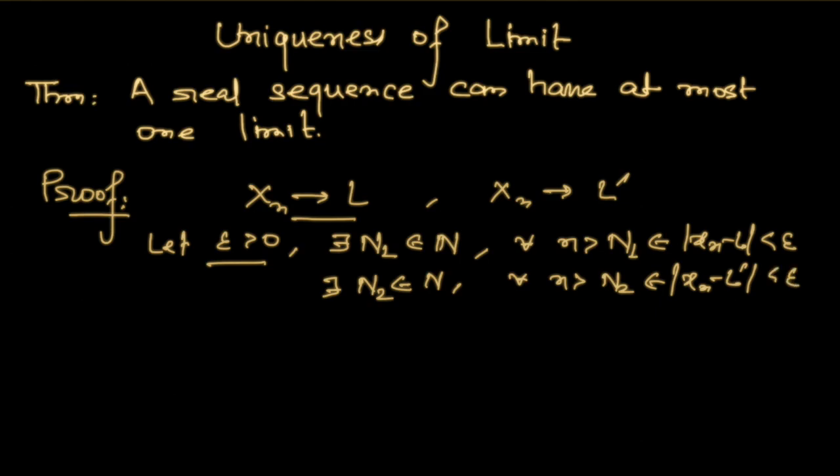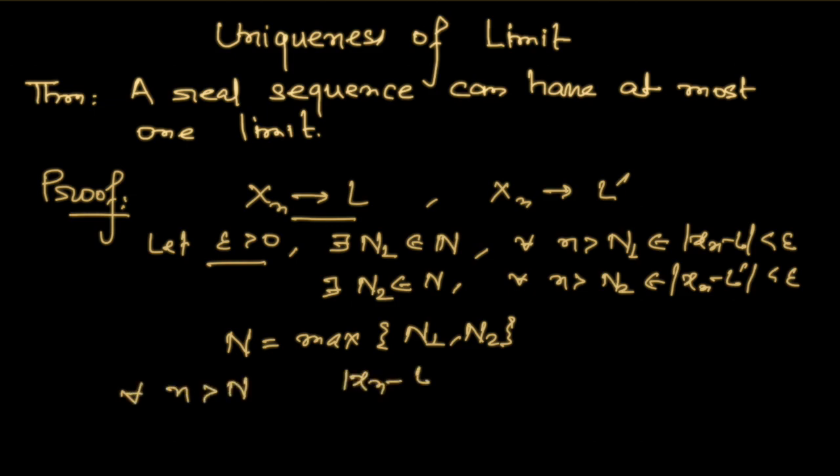Again we use the trick we have learned: we can take N equal to the maximum of n1 and n2, and for all n greater than N, |x_n minus L| is less than epsilon, and also |x_n minus L prime| is less than epsilon.